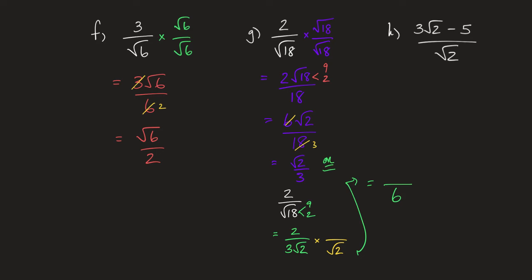It's still rationalized. So my form of 1 that I'm going to multiply by is actually just root 2 over root 2. That makes my top a 2 root 2 when I multiply, and now I can divide out my common factors, and I get down to my root 2 over 3 right away.